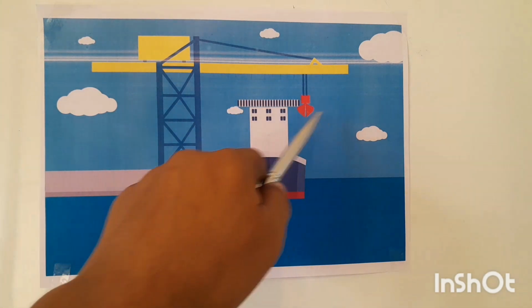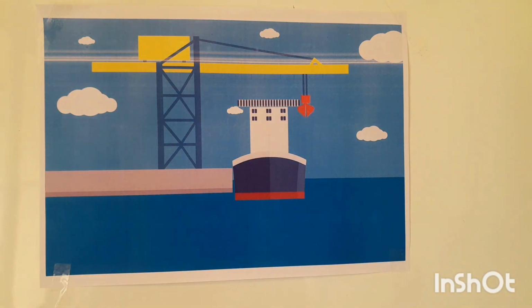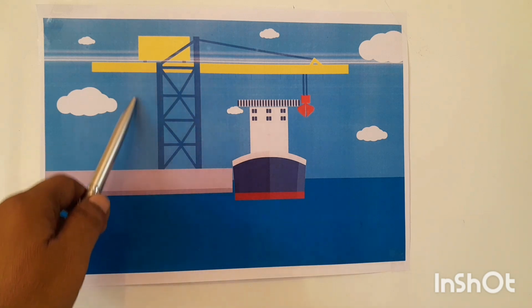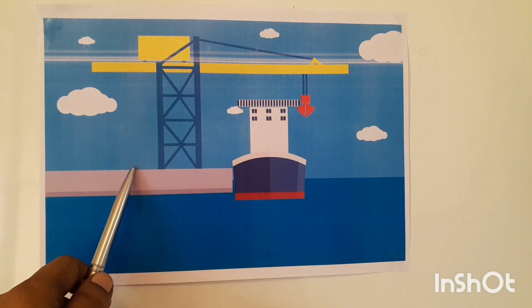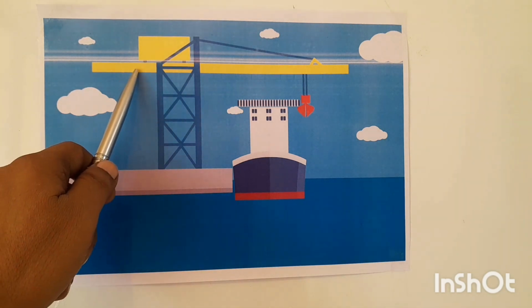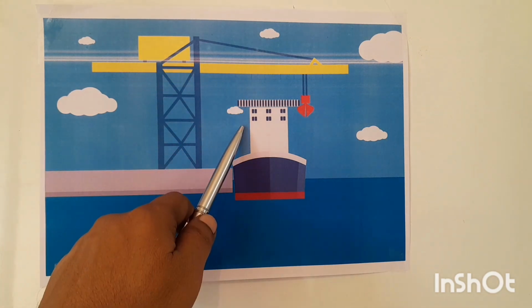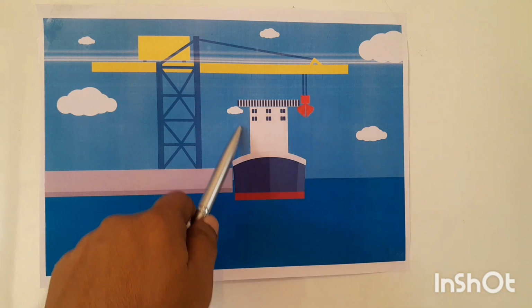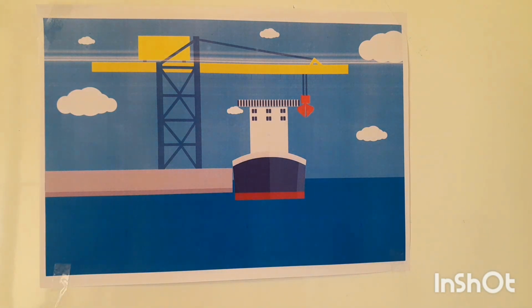And there he will open the bucket, and the cargo will fall there. After the cargo falls there, he will bring the bucket again, come here, pick up the cargo, close the bucket, take it up, go there, lower it and open the bucket. This is the bucket opening and closing. So the cargo will fall there. That is how the loading takes place.